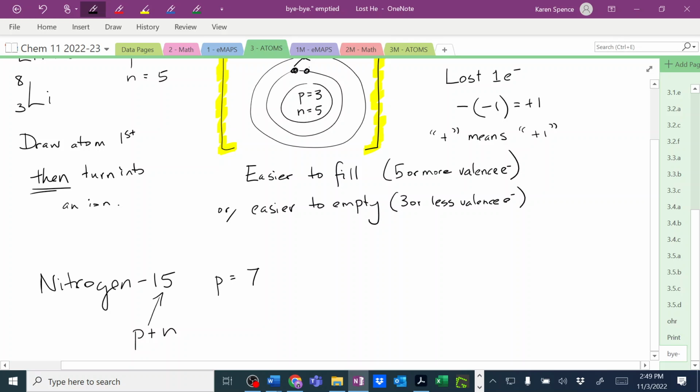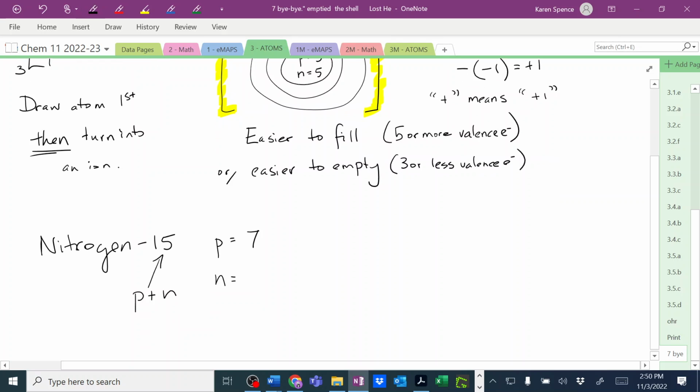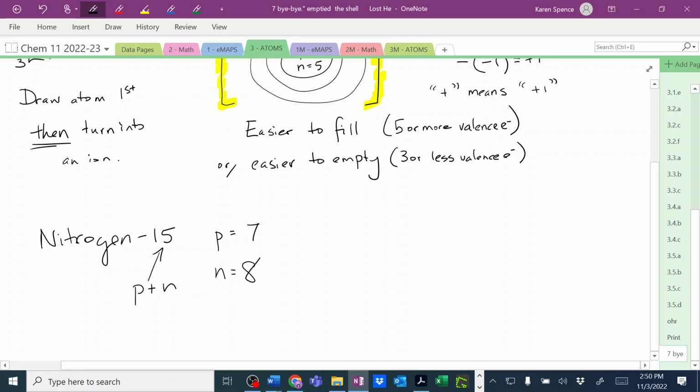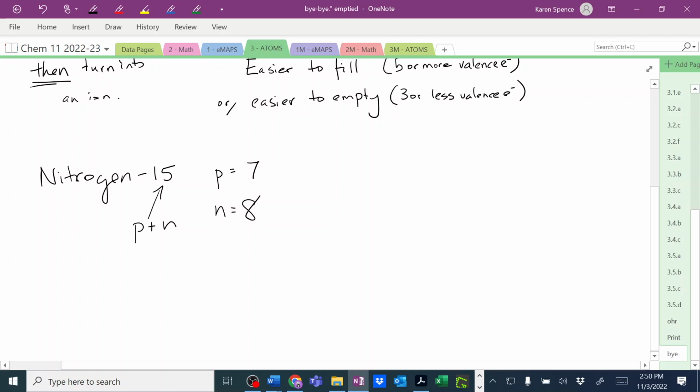Okay, it's atomic number 7. How many neutrons? 8. Okay, so now we have 7 protons, we have 8 neutrons. That's going to go where in our Bohr model? In the nucleus. So we have protons equals 7, neutrons equals 8.